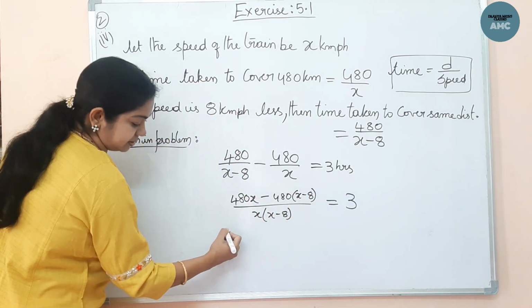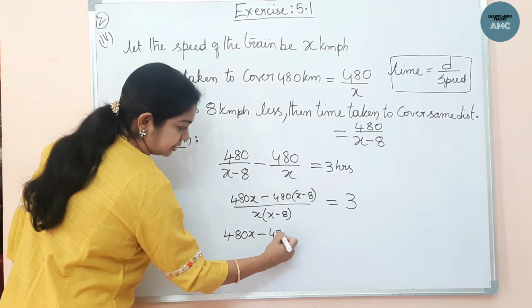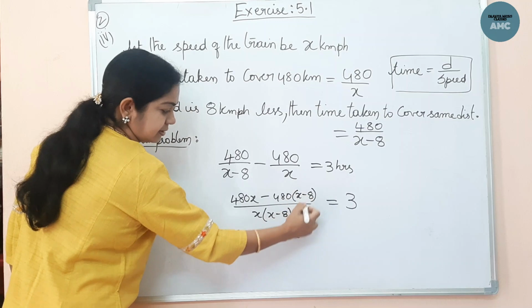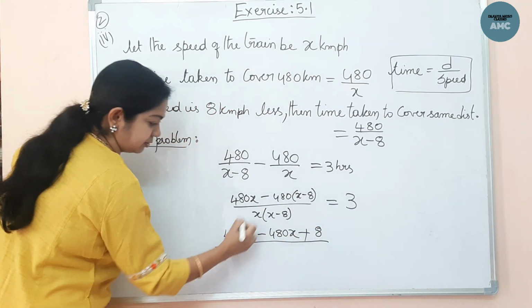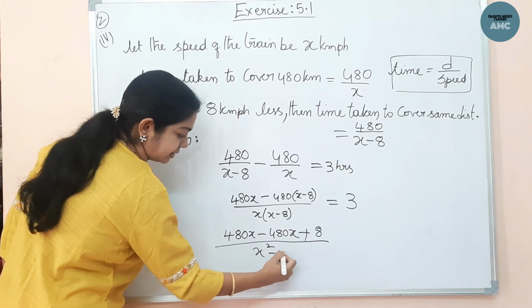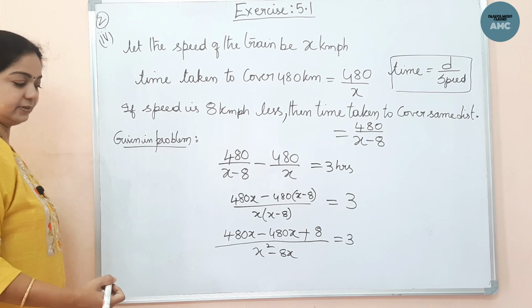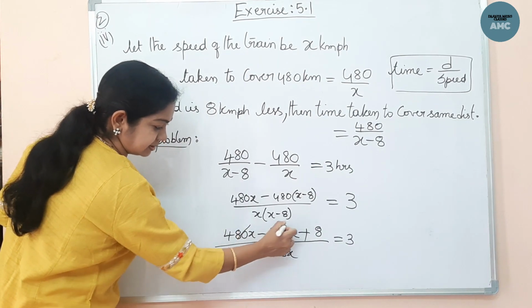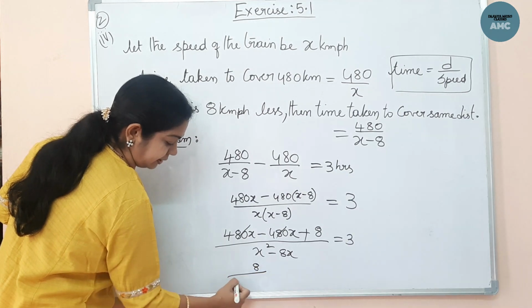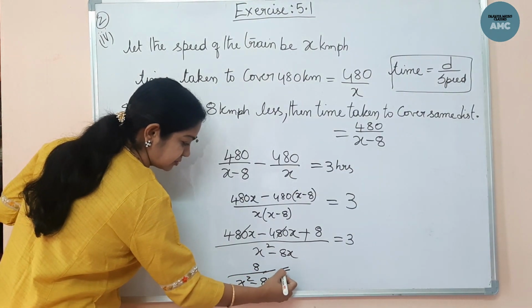Right, now we will open the bracket: 480x minus 480x plus 8 by x square minus 8x equals 3.